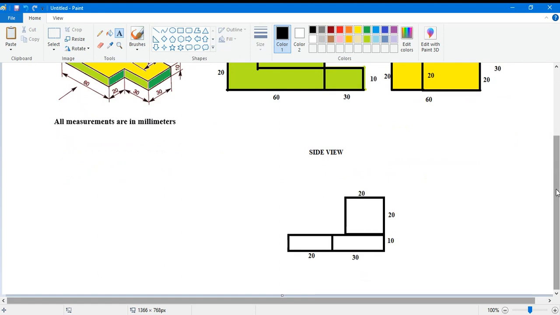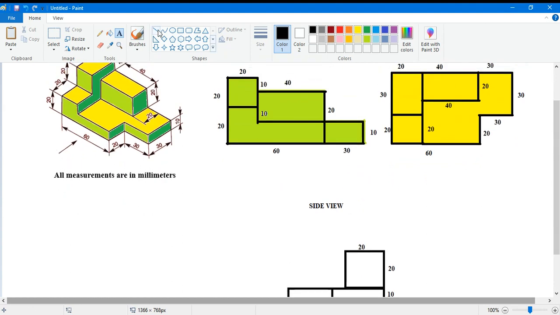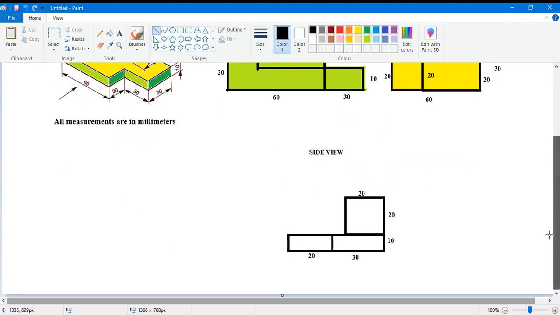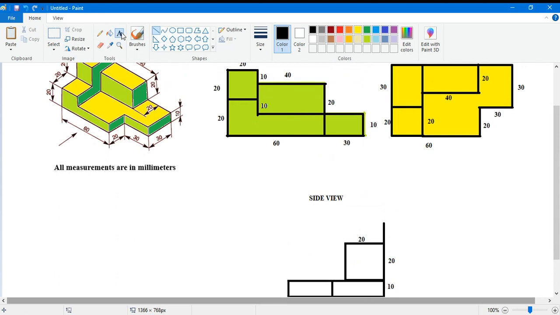Okay, so let us do it one time. I have first of all a 10, so means I need to draw a line going up. 10 millimeters, so this is 10.